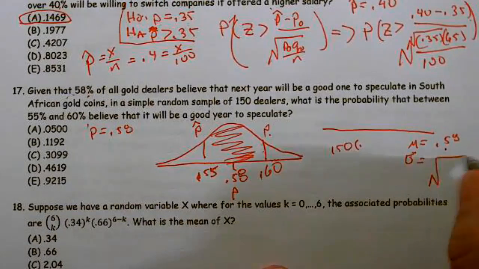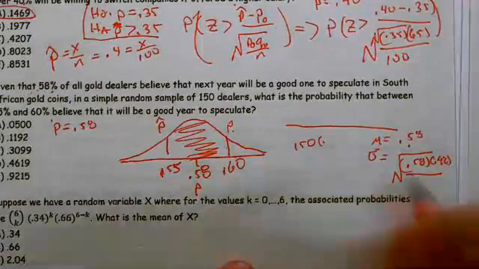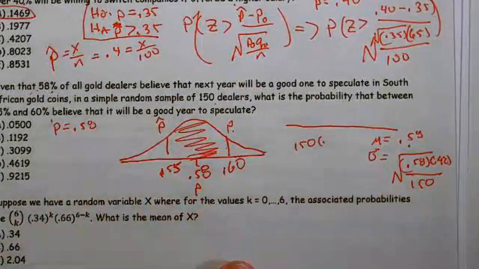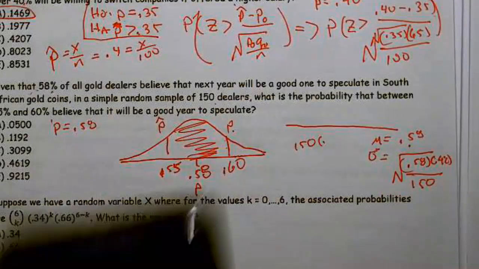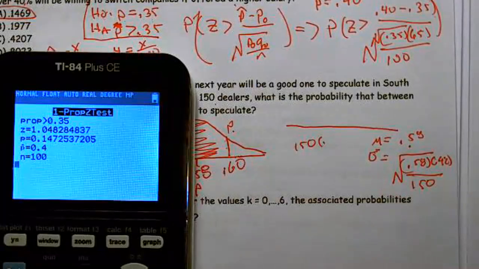The standard deviation is going to be the square root of 0.58 times 0.42 over my sample size of 150. So let's do it this way, and then I'm going to show you one other way to think about this.